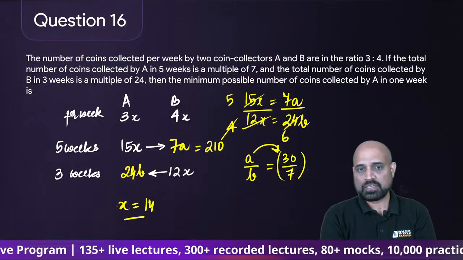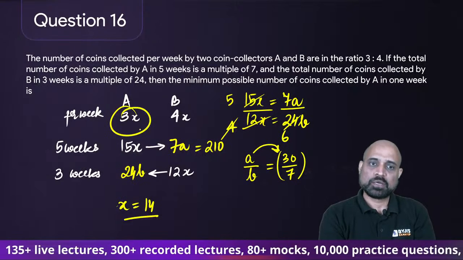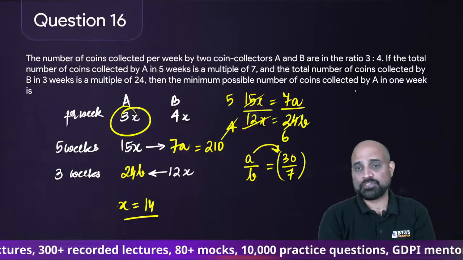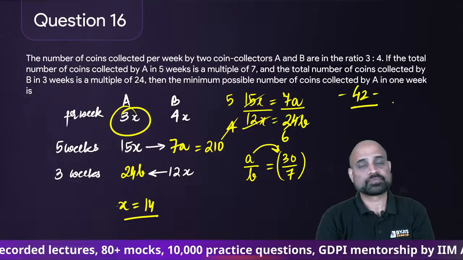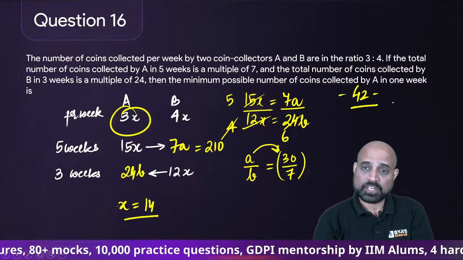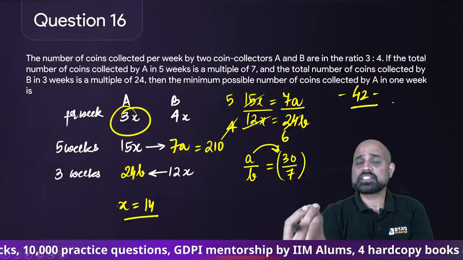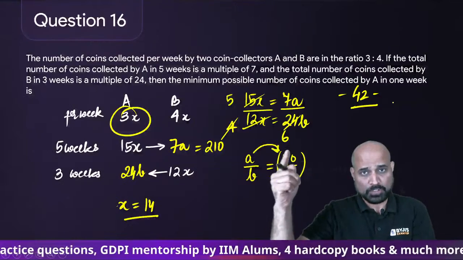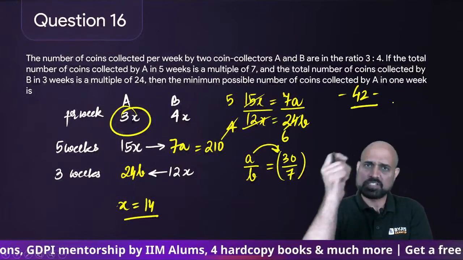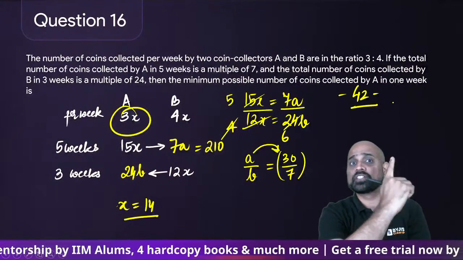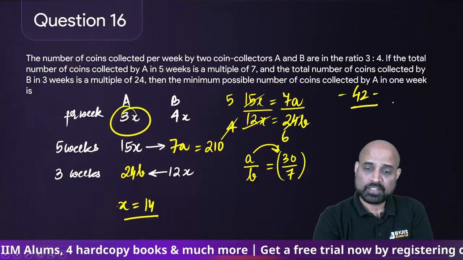So 14. If x is 14, per week A का 3 into 14, 42 हो जाएगा. Okay. So this is the smallest because A is going to be multiple of 30. Smallest value of A will result in smallest value of x. That will further result in smallest value of 3x.